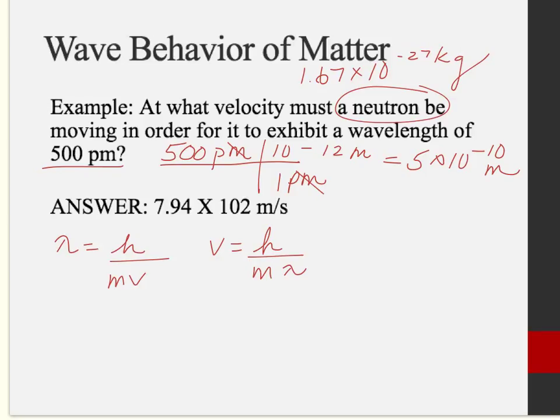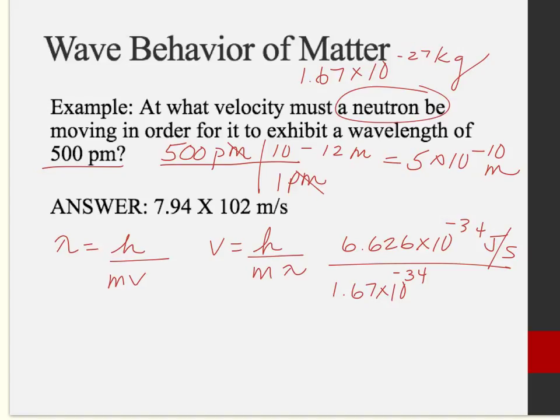We've got 6.626 times 10 to the negative 34 joule-seconds. Our mass is 1.67 times 10 to the negative 27 kilograms. And our wavelength is 5 times 10 to the minus 10 meters.